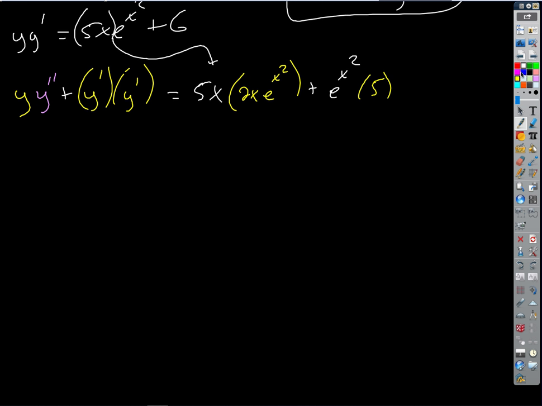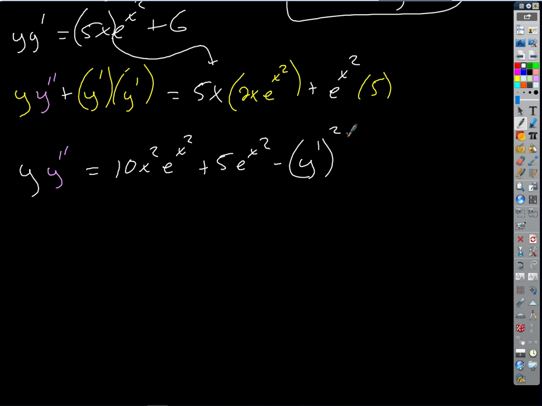So we get y double prime. Let's subtract that to the other side. Equals, I can make that a 10x squared e to the x squared plus 5 e to the x squared, and we're subtracting the y prime squared to that side.